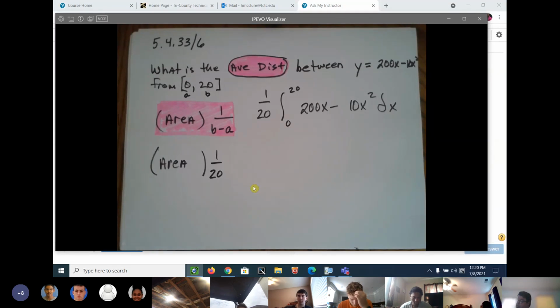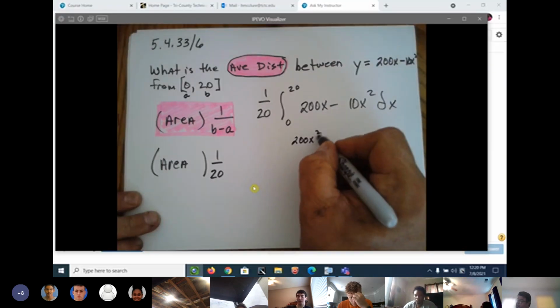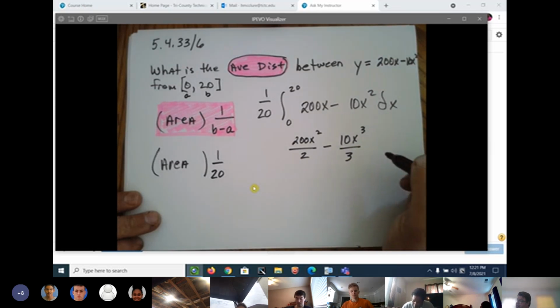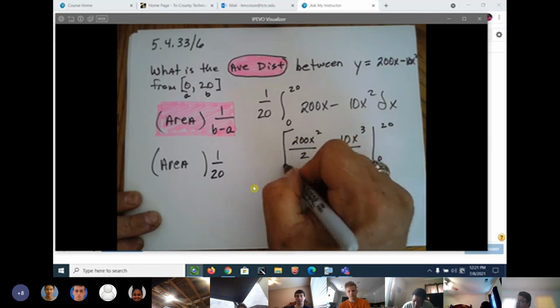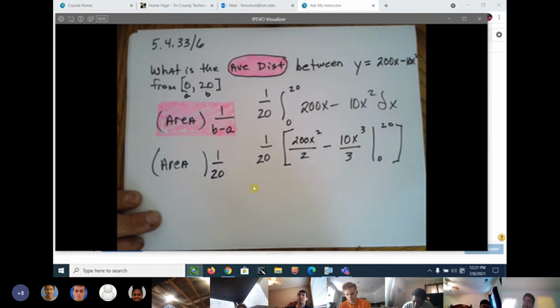So, 200x squared over 2 minus 10x to the third over 3, evaluated from 0 to 20. And then after you find the area, you multiply that by 1 over 20.